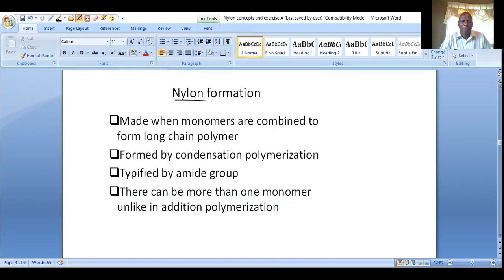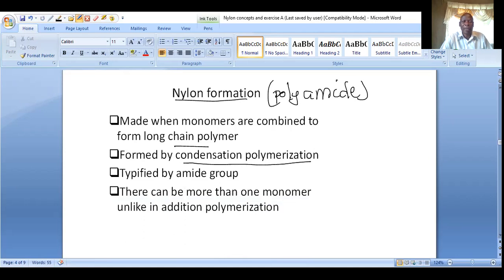As we said, nylon is a polyamide. When the monomers in the formation of nylon are combined together to form a long chain polymer, the process through which the monomers combine is known as condensation polymerization, because you are losing smaller molecules as byproducts in the process.